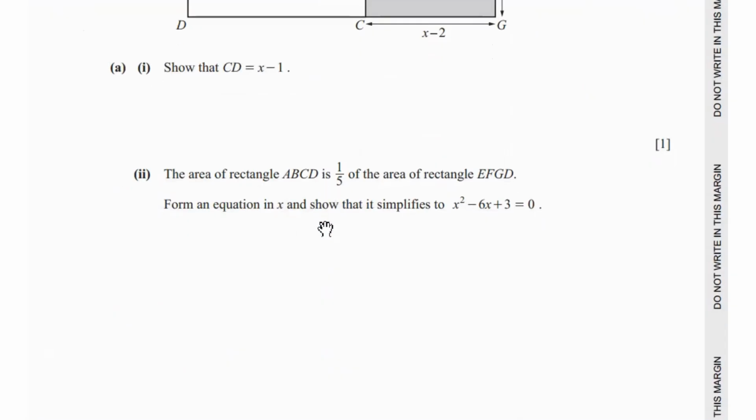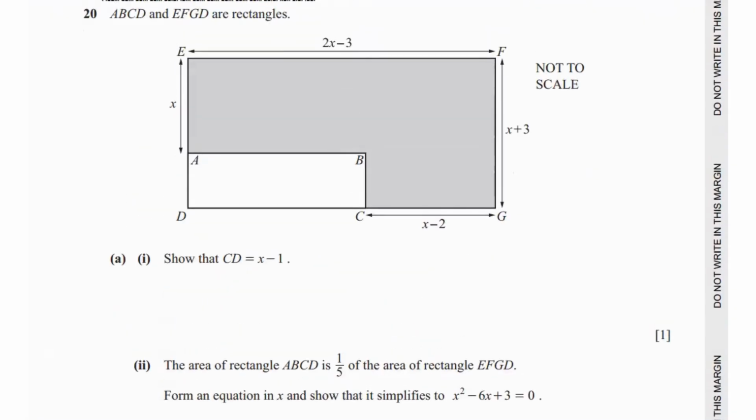Area of the rectangle ABCD is 1/5 of the area of the rectangle EFGD. Form an equation in x and show that it simplifies to x squared minus 6x plus 3 equals 0. So ABCD is going to be, if this is x plus 3 and this is x, this is going to be x plus 3 minus x, which is 3.